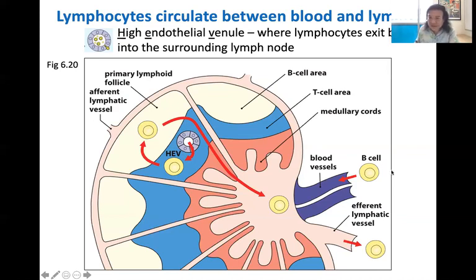As a result, blood cells, like red blood cells, will pass through here, come up behind, pass through the tissue, and nutrients will diffuse out of the blood vessel to feed the tissues of the lymph node. But the blood cells themselves, like red blood cells, never enter the lymph vessel. They just pass through the lymph node, and then eventually continue on through the blood to the next tissue destination.